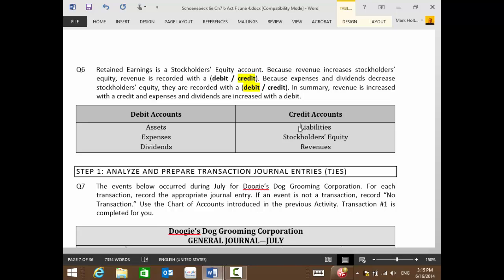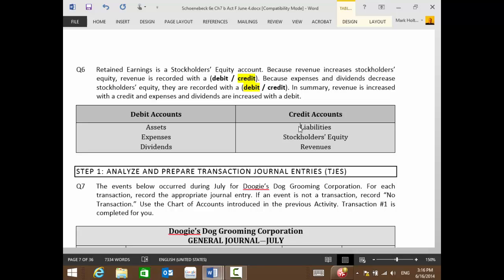But you should dismiss the general idea that credits are always pluses and debits are always minuses. Some students think that and they get a lot of things wrong. Or that credits are good and debits are bad, because that doesn't work. Rather, the credit accounts are liabilities, stockholders' equity, and revenue. The debit accounts are assets, expenses, and dividends.